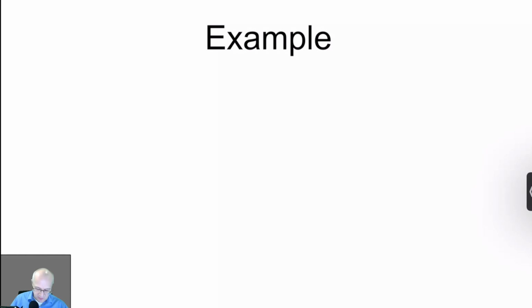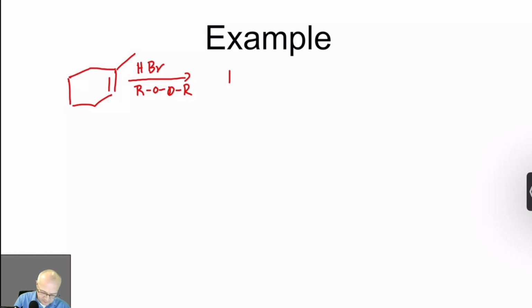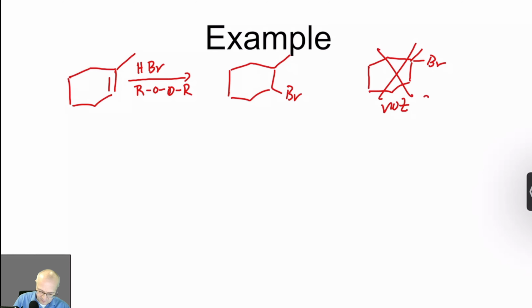So let's do an example of anti-Markovnikov addition to an alkene. And let's do the addition to both. So that will react with a little bit of HBr and some peroxides. And that will give us, and let me just draw the product that doesn't form. The Markovnikov product does not form. Not formed.